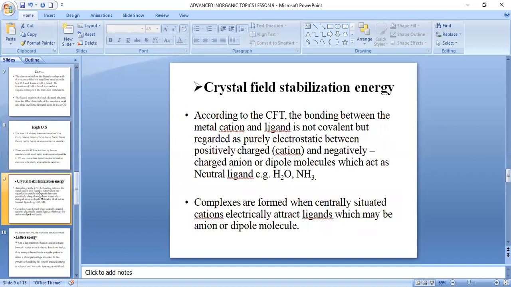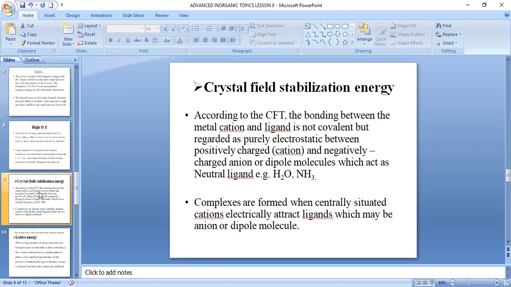The second factor is crystal field stabilization energy. According to the crystal field theory, the bonding between the metal cation and the ligand is not covalent, but regarded as purely electrostatic between the positively charged cation and negatively charged anions, or dipole molecules, which act as neutral ligands, for example, water, ammonia, and others.